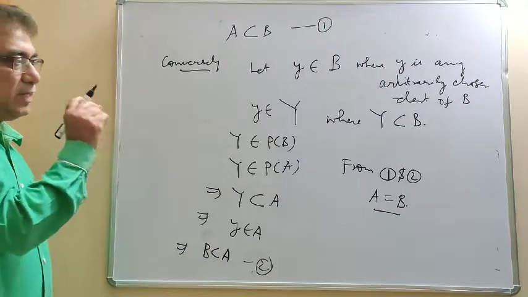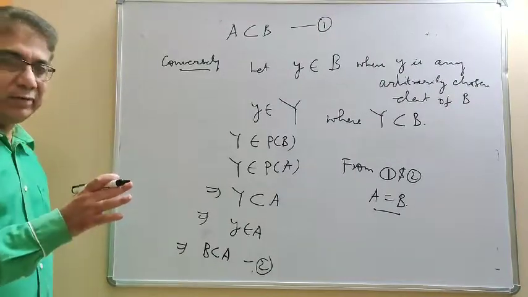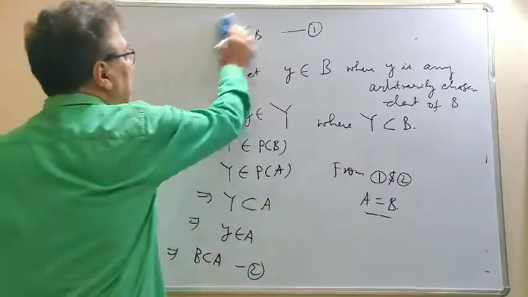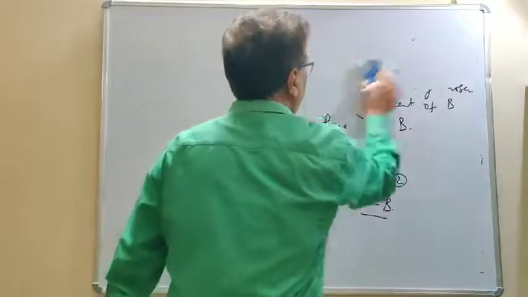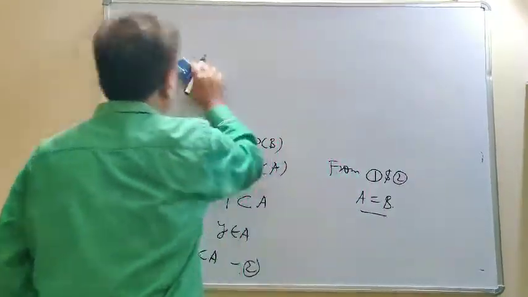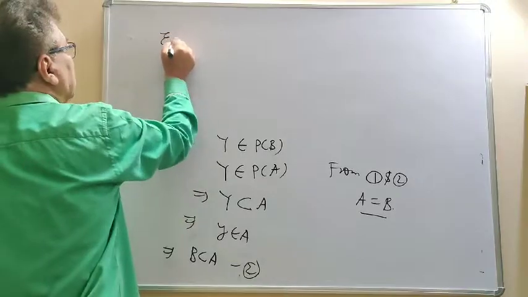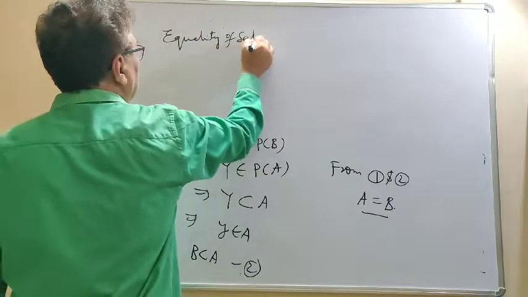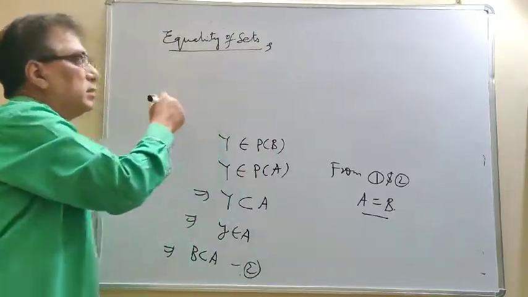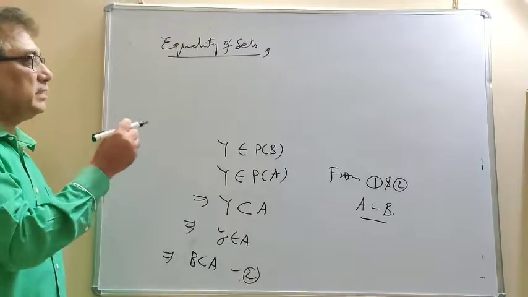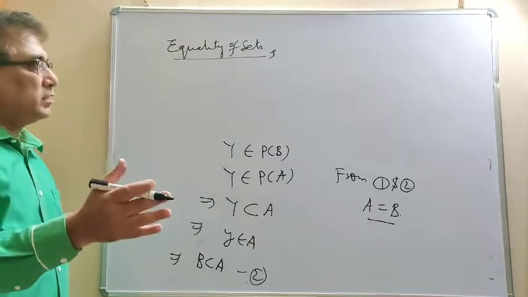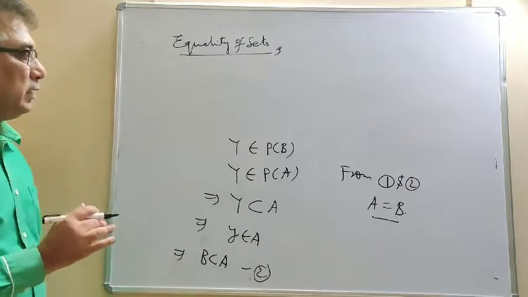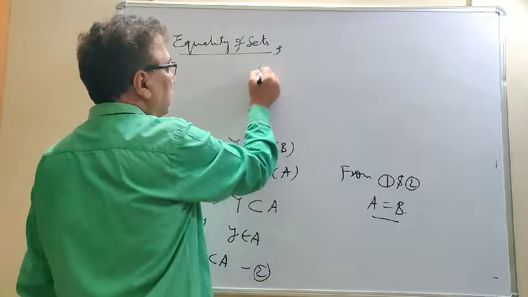Okay. So this is also one way of proving two sets equal. If we manage to show that the power sets of two sets are equal, then the sets are bound to be equal. Now, what is the conclusion here? Let us discuss equality of sets. First, the definition: if each element of one set belongs to the second set and each element of the second set also belongs to the first set, then the sets are equal.